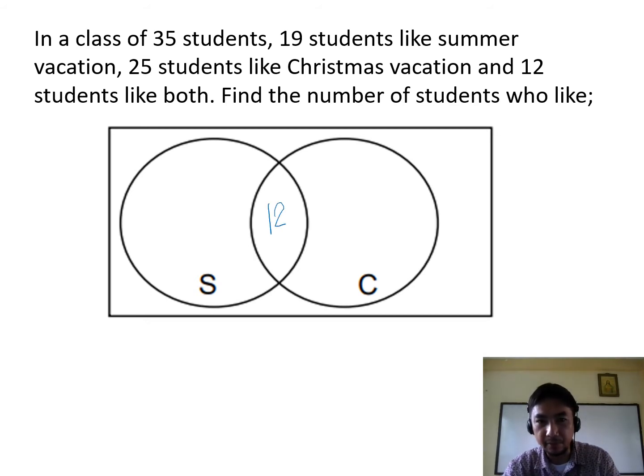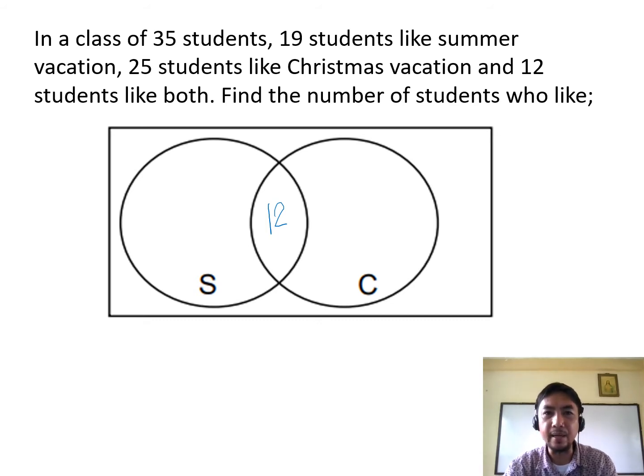So, you are given 12 students like both summer vacation and Christmas vacation. Then, after that, pwede na nating lagyan ng numbers doon sa set S at set C. Ang set S means summer vacation and set C means Christmas vacation.